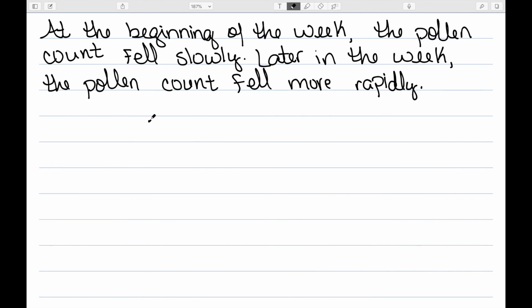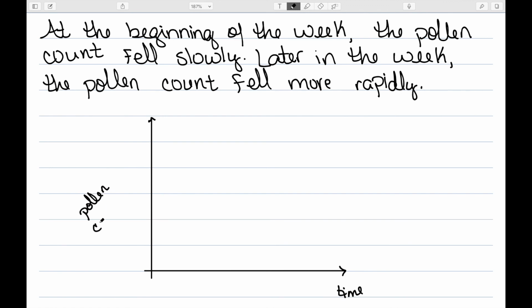This time, at the beginning of the week, the pollen count fell slowly. Later in the week, the pollen count fell more rapidly. So just like my last two examples, I'm going to put time on the horizontal axis and pollen count on the vertical axis. We know it fell slowly at the beginning, which means it should not be a steep drop, but it should be dropping.